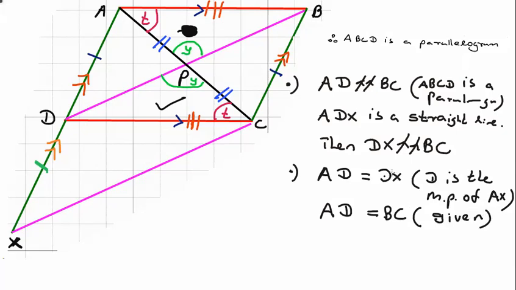Then what can I say about DX and BC? AD is equal to DX and AD is equal to BC, then DX equals BC because both DX and BC are equal to AD. Then DX should be equal to BC. All right?